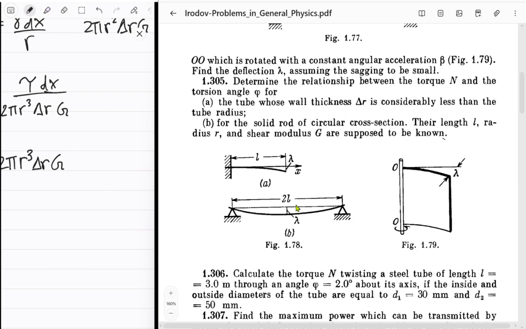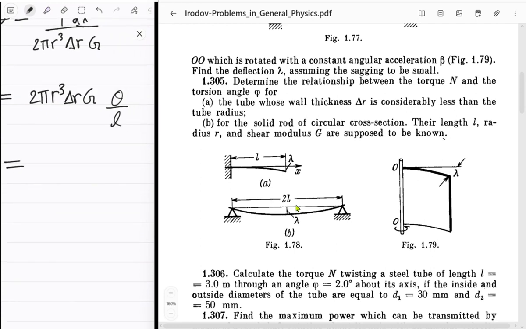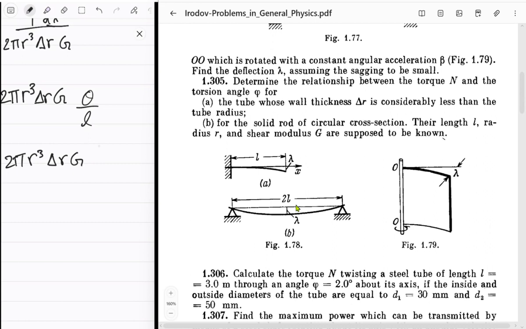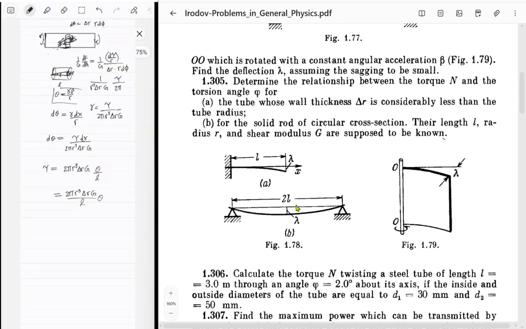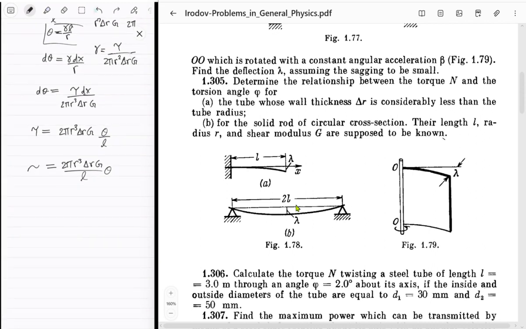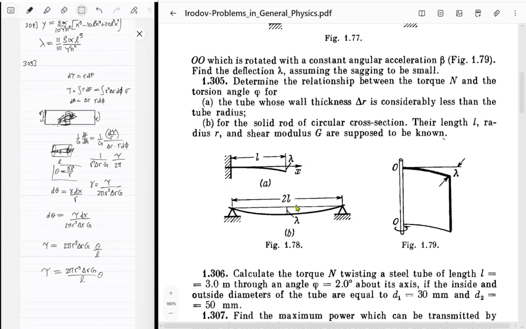Who knows? Anyway, in that case, d theta upon dx is just going to become theta upon L, right? Yeah, that's right. So it's just this thing, 2 pi r cubed delta r g, then you got this upon L, and that times theta. So that's our torque. Man, that took a lot of time. Okay, I hope this is correct. Most likely it's not, but hey, we'll see.